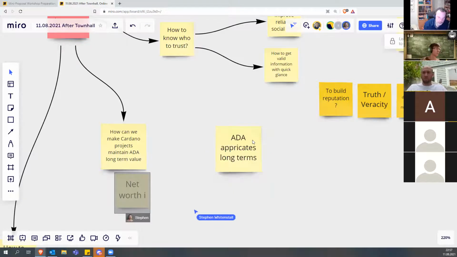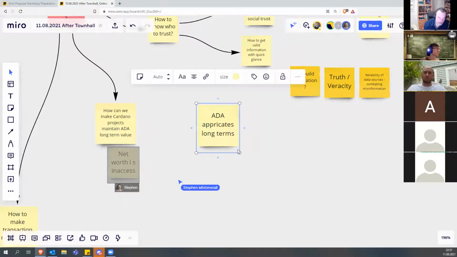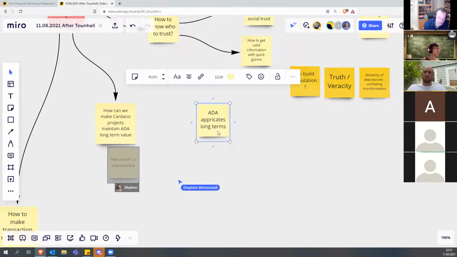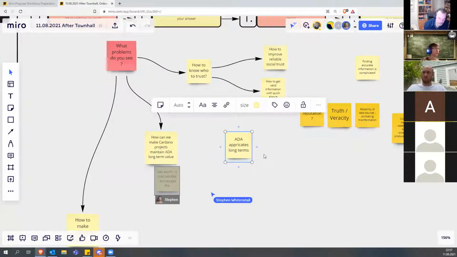And our idea is encouraging people to hold their Cardano-based assets, by using a system that we've created in a credit card form, basically allowing you to collateralize your Cardano assets on a credit card.